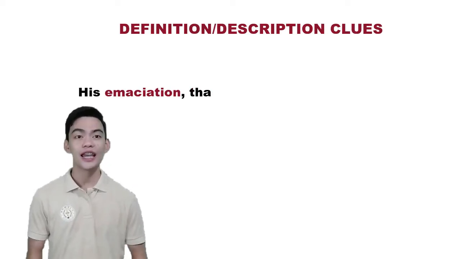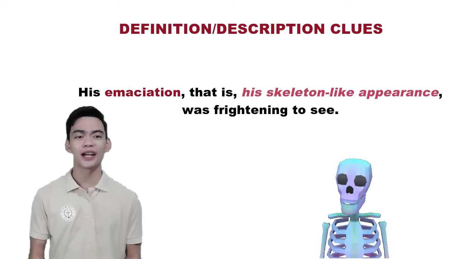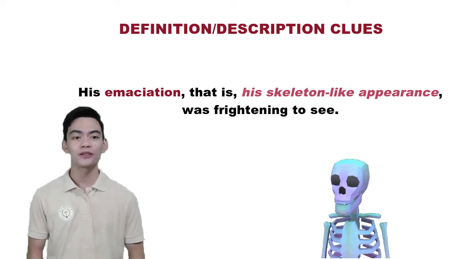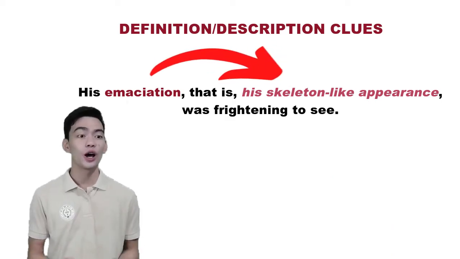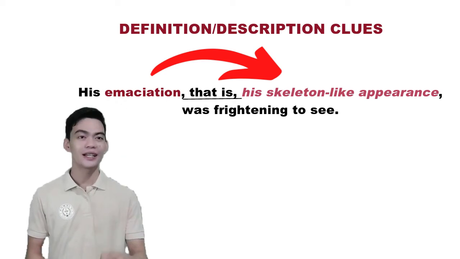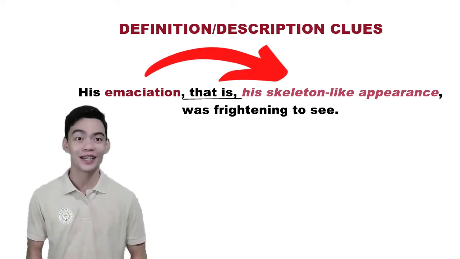For instance, "His emaciation, that is, his skeleton-like appearance, was frightening to see." Skeleton-like appearance is the definition of emaciation. The words "that is" signal the meaning of the word emaciation. In this kind of context clue, the definition is directly given and provided.